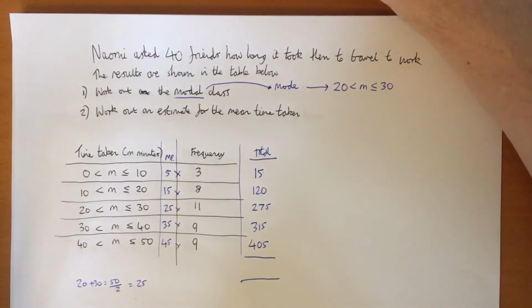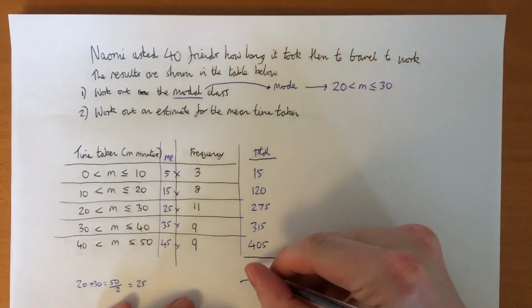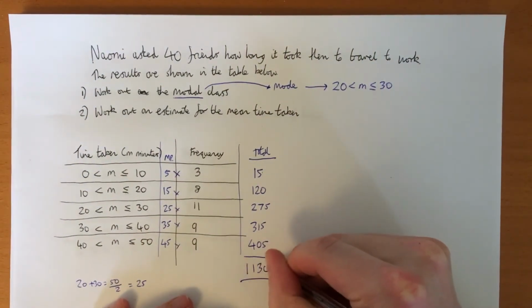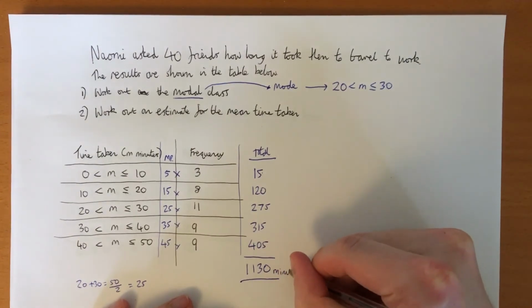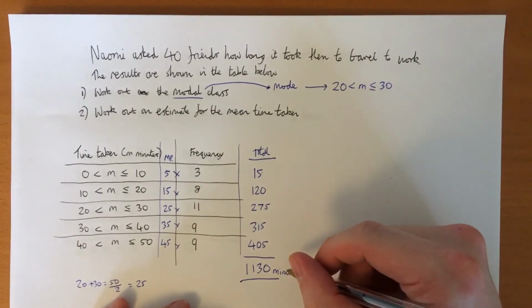I will do 15 minutes, add 120, add 275, add 315, add 405, and I would get 1130, 1130. Now that represents the amount of minutes taken by all of the friends.